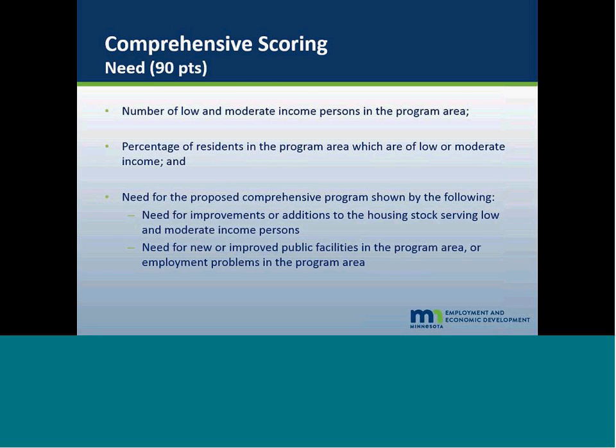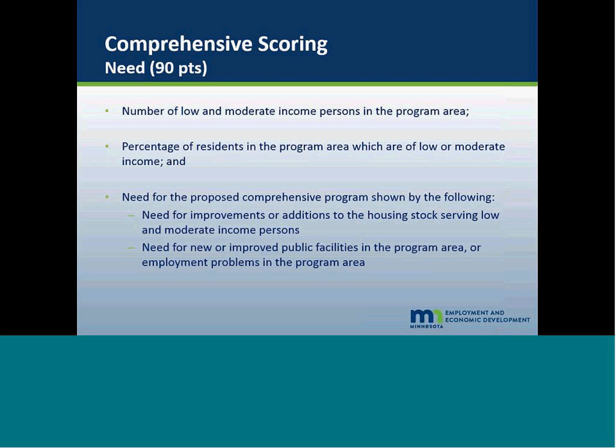Comprehensive scoring. So we're jumping to another one right now. And that's 90 points as well. Combination of a housing activity or a public facility or a commercial. So what we're at is you need to show the number of low and moderate income persons in the program area.